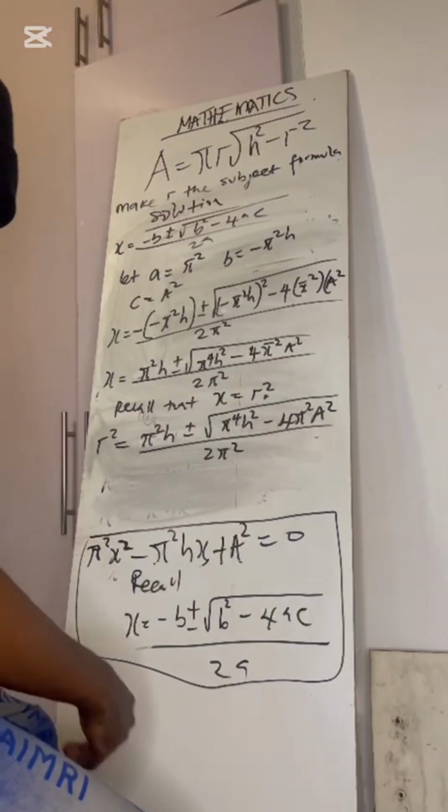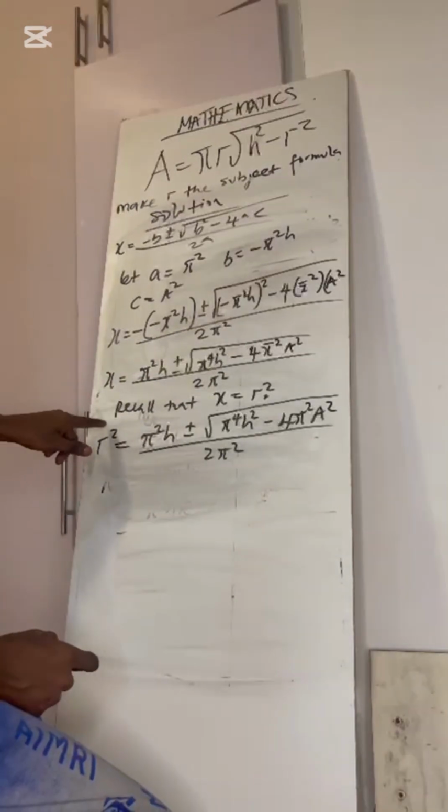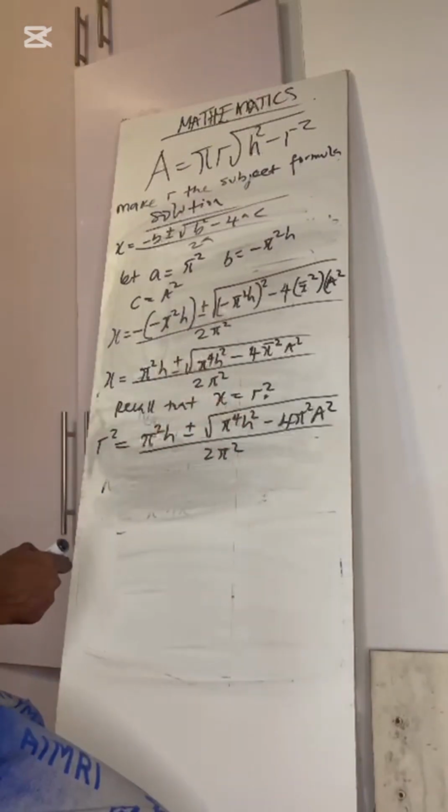Now, in order to remove this square, we are going to take the square root of both sides.